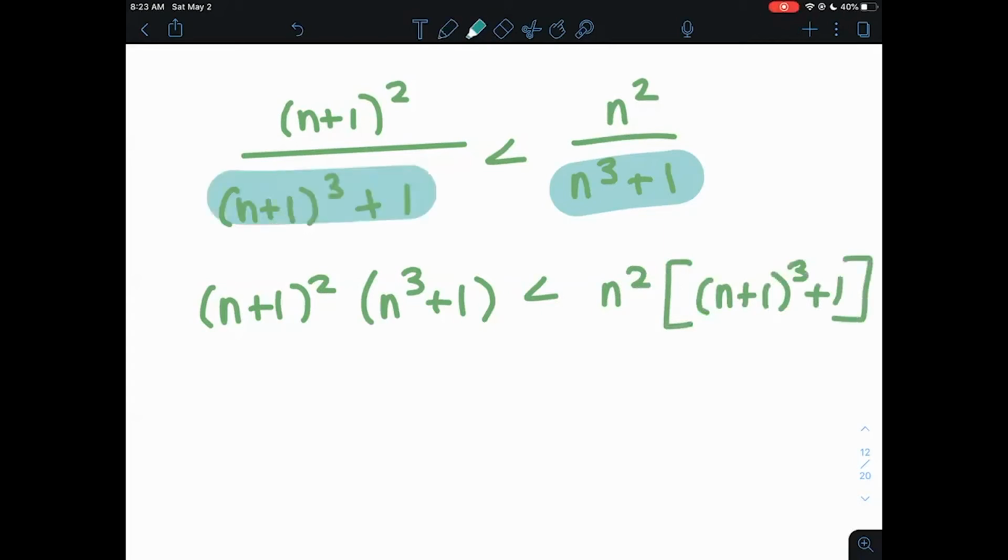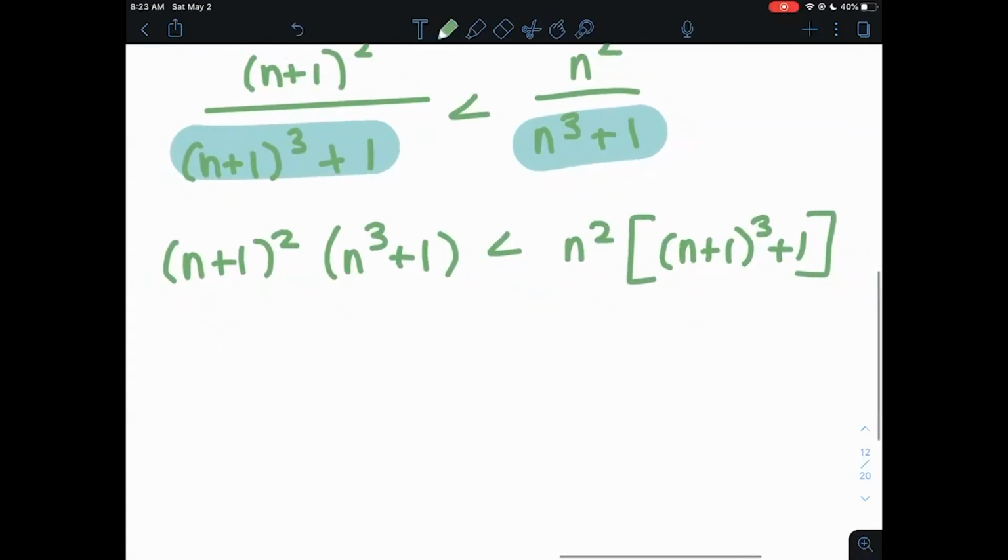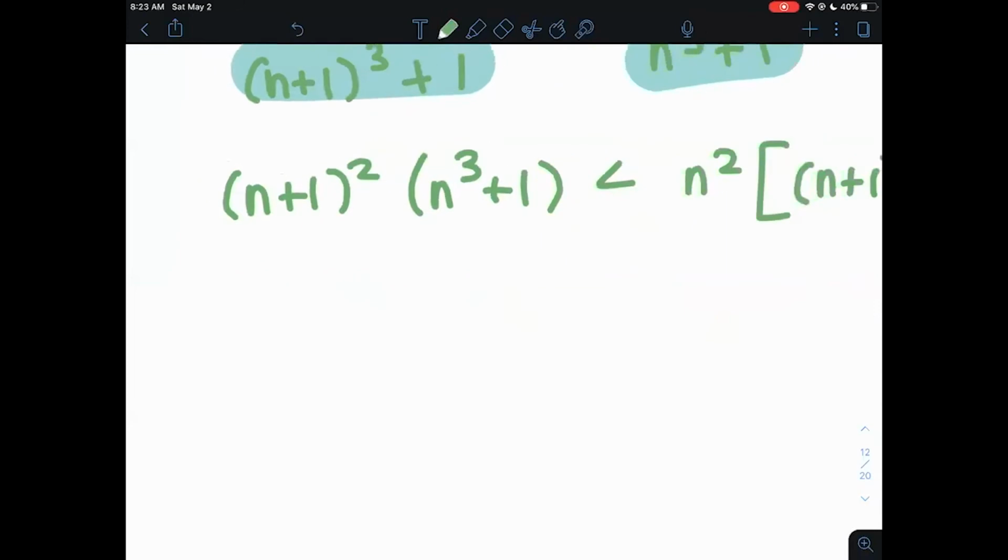I'm going to multiply this entire inequality by the common denominator in order to clear the fractions. And then we're going to run through some algebra.